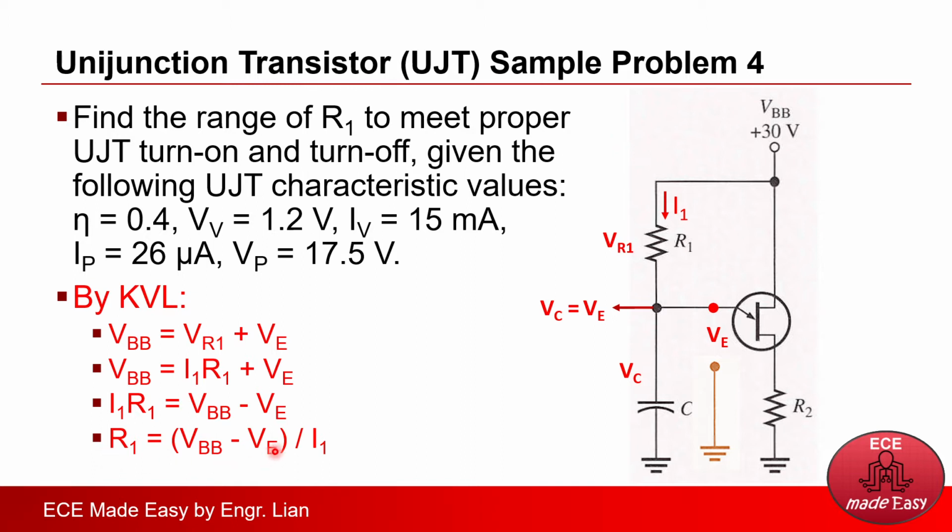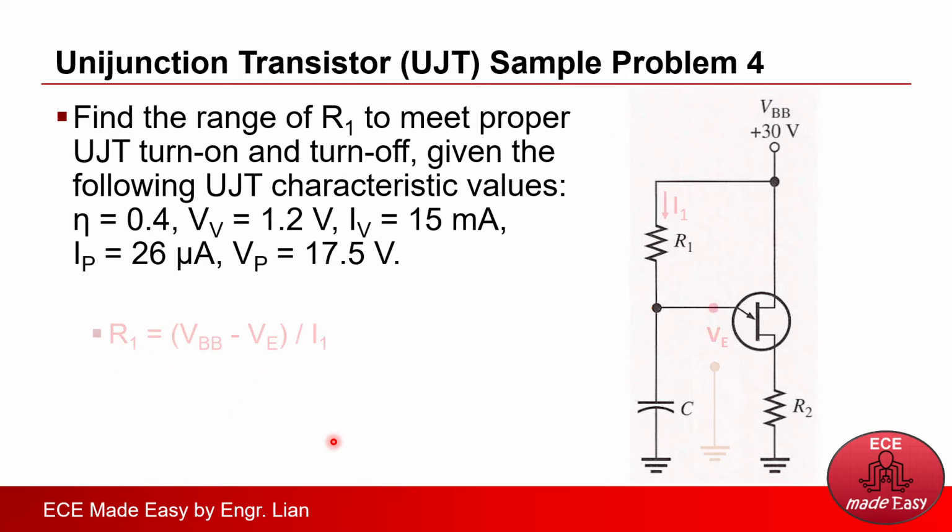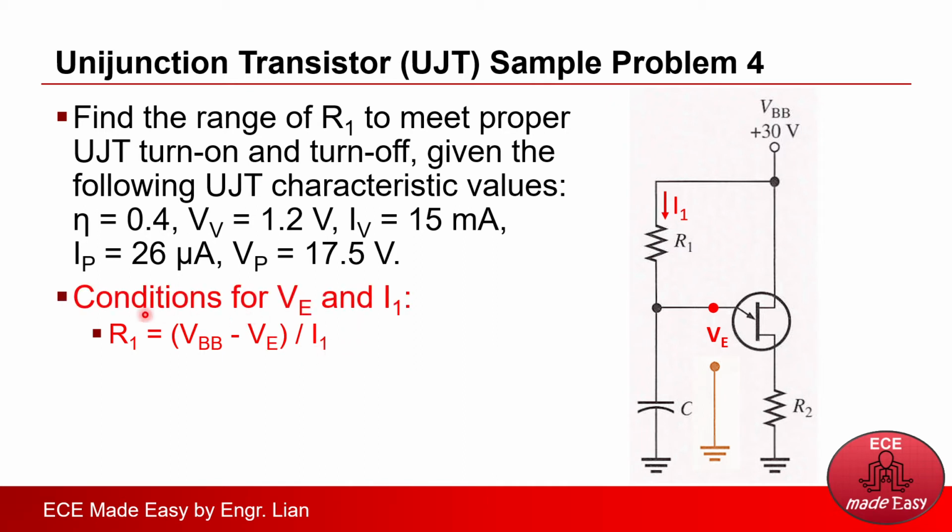For VE, we could use the condition based on the characteristic of the UJT having a valley point and a peak point. But for I1, we must further check. So again, this is the equation for R1. We already have conditions for VE, and we must also check the conditions for I1.